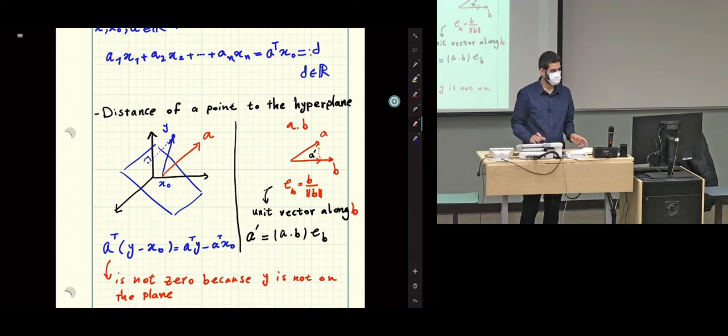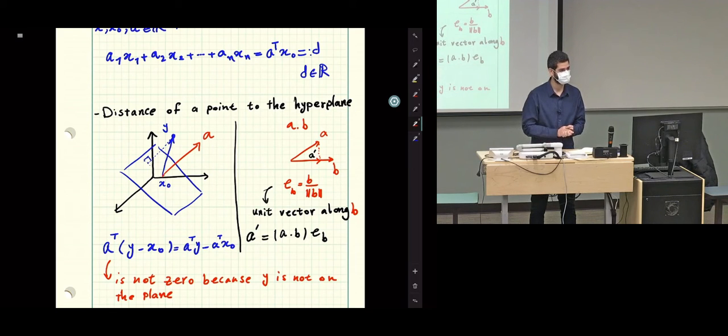But given what we know about dot product, that's the projection of a much longer distance, the vector that connects one point from the plane to y. By the way, x0 is arbitrary because any point on the plane will satisfy the equation. So if you pick any point, that's fine.